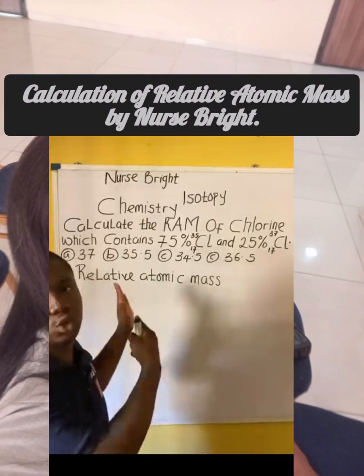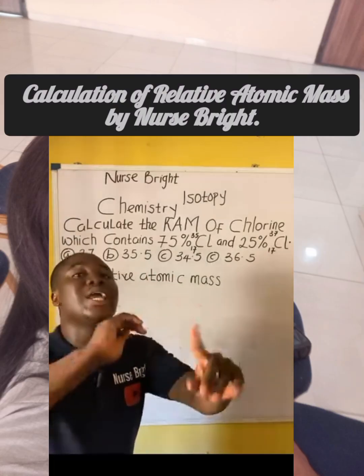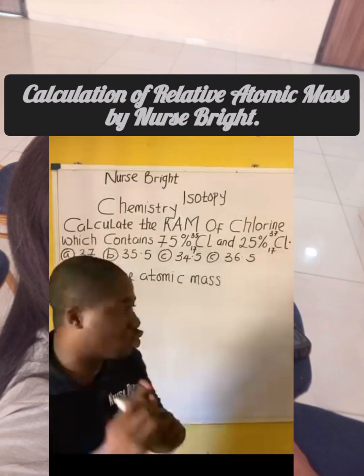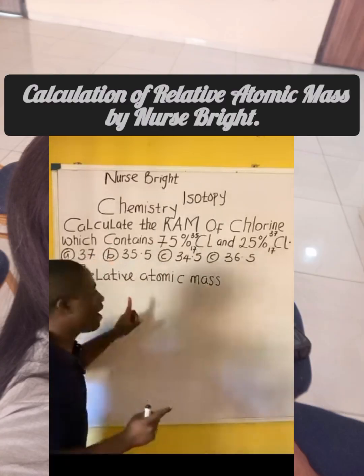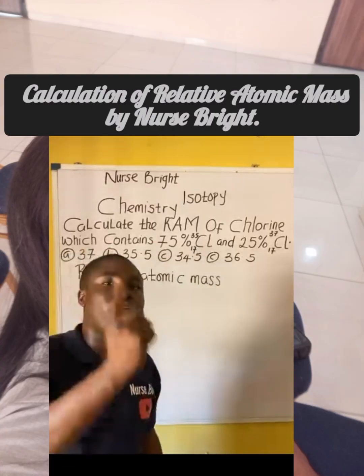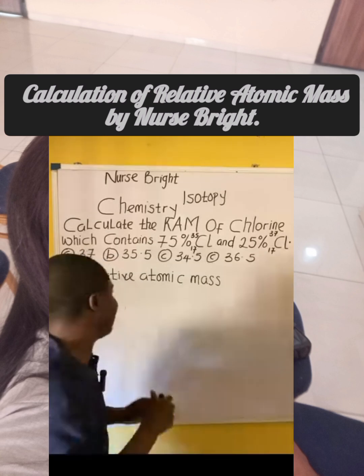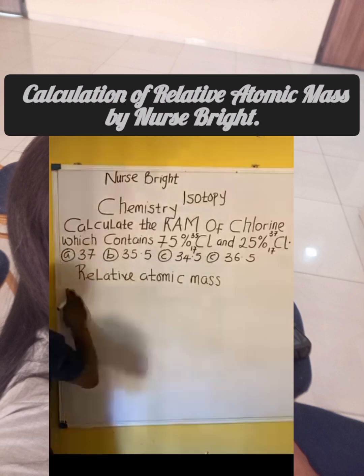In the course of this question, and in any other question you'll be asked to solve under this aspect, please listen very well. There is a formula to note for relative atomic mass, written in short as RAM.